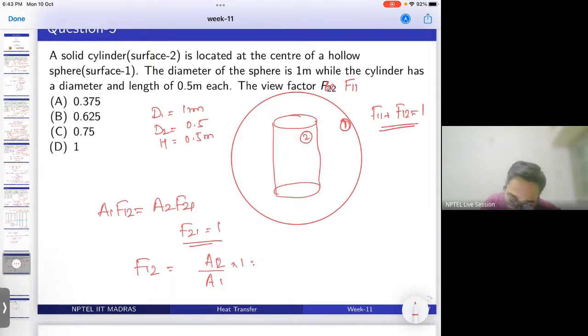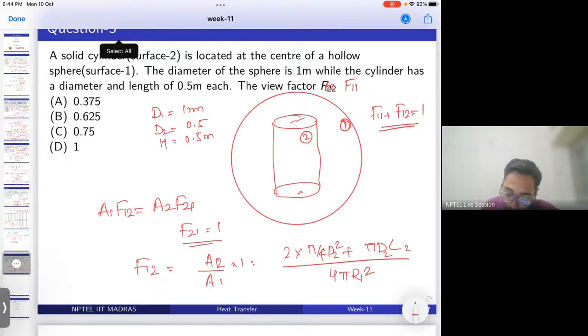A2 is 2 times pi by 4 d square, for these two surfaces, plus the curved surface, that is pi d L, divided by the inner surface area, that is 4 pi r1 square, or pi d square.